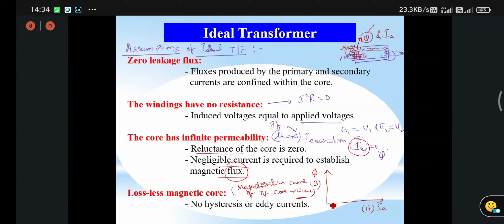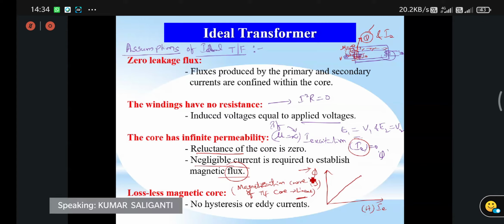The magnetization curve means that when you draw the flux with respect to the exciting current, or the flux density with respect to the field intensity, it is called the BH curve.